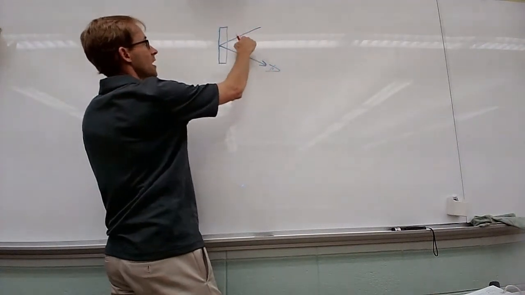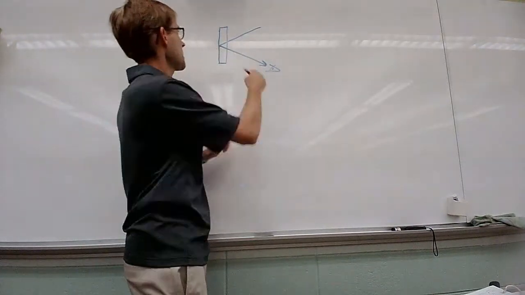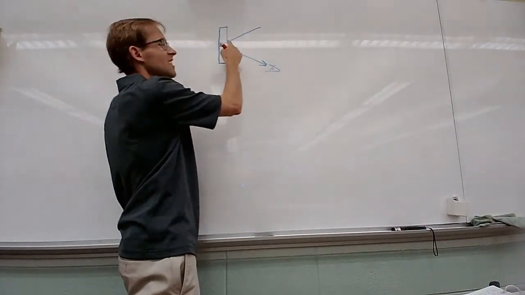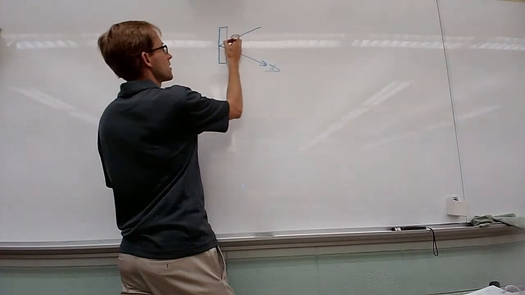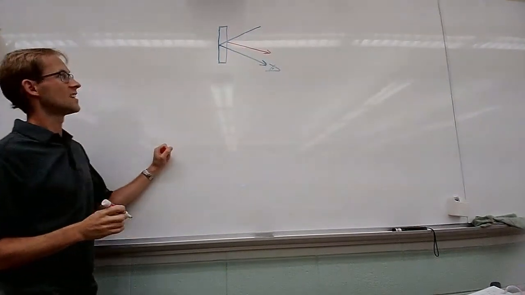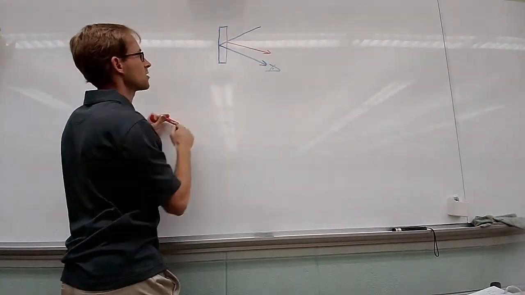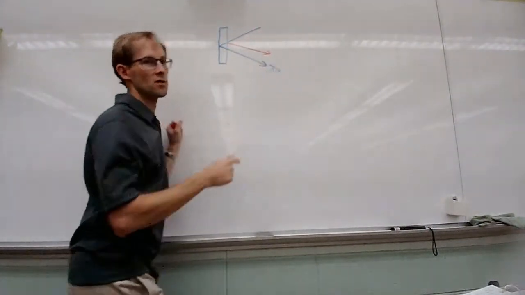Most of the light hits that reflective part and it bounces into your eye, but just like water partially acts like a mirror, glass partially acts like a mirror too. Part of this light ray is reflected like this. And so when you flip your mirror, it angles it down just a little bit, and now this is the light ray that goes into your eye.